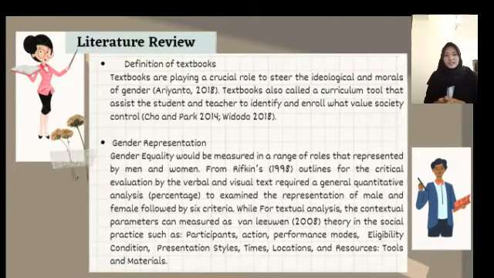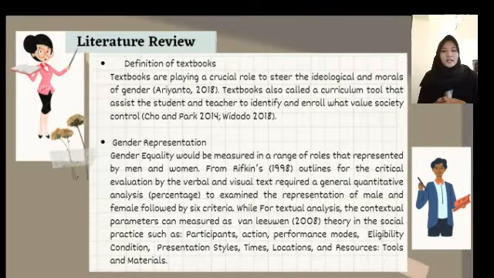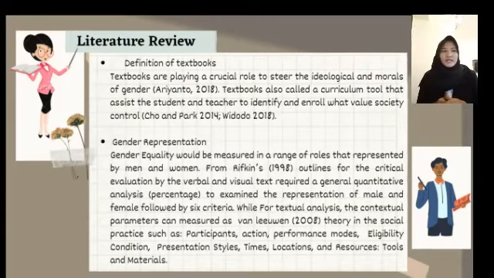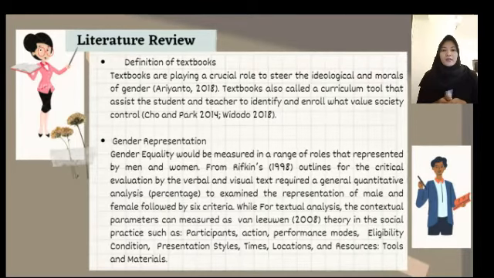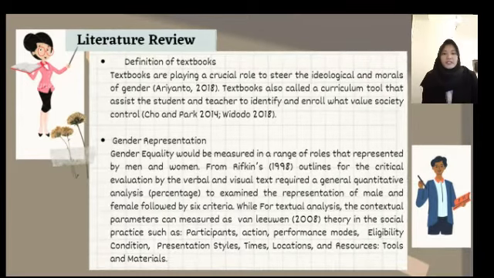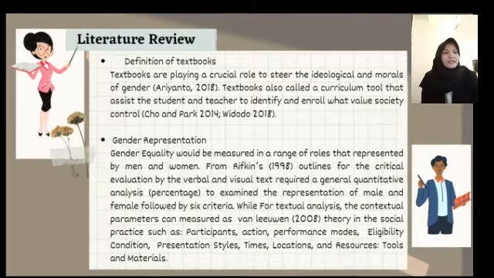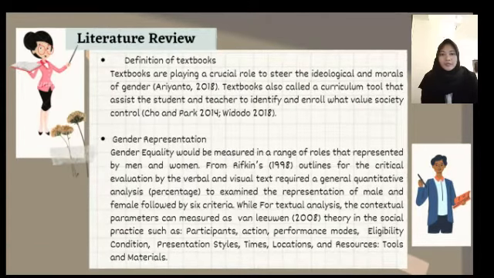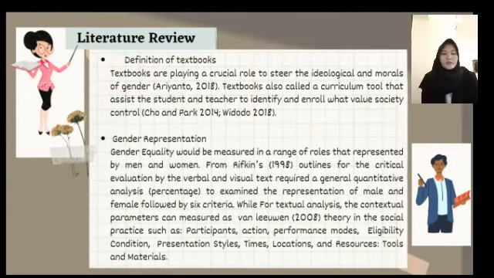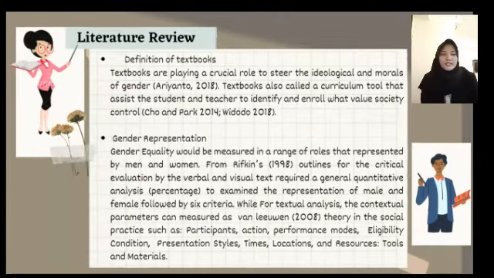Gender representation or gender equality is measured in a range of roles represented by men and women. From Rifkin's outline in 1998 for the critical evaluation of verbal and visual text, the representation of male and female is followed by 6 criteria.